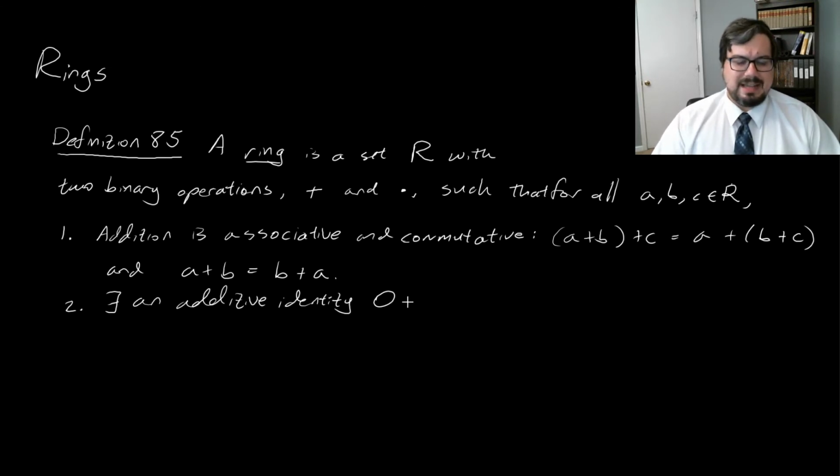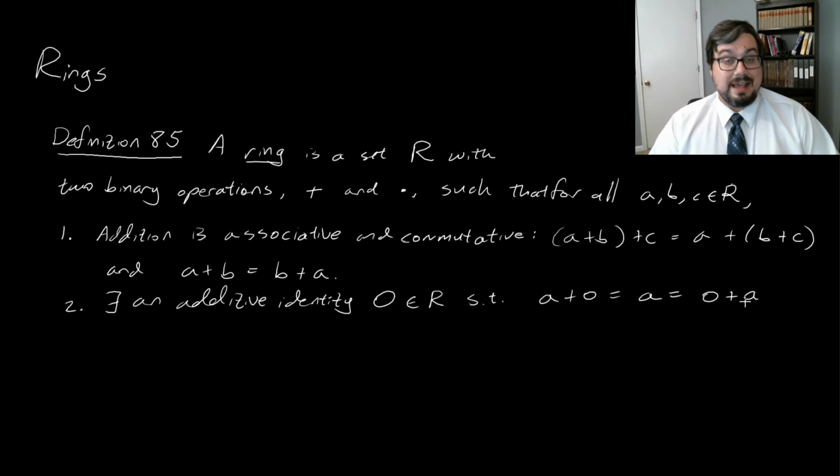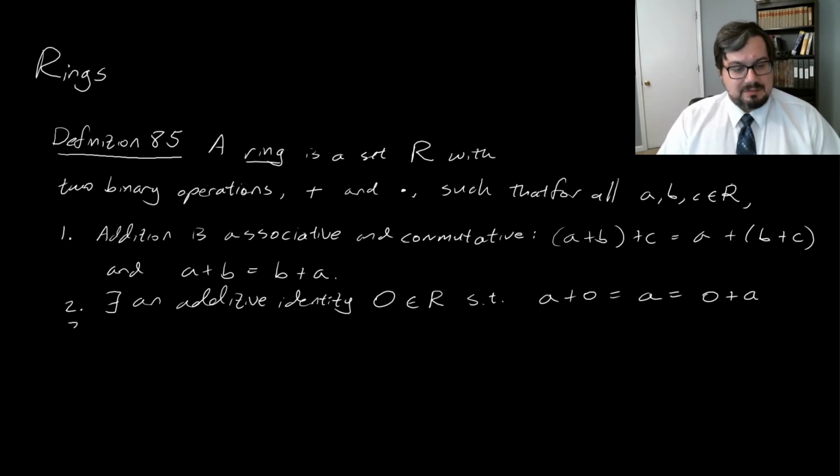So there exists an additive identity 0 belonging to R, such that a plus 0 equals a, which is equal to 0 plus a, and this is true for all a. This is just saying that 0 is an additive identity.